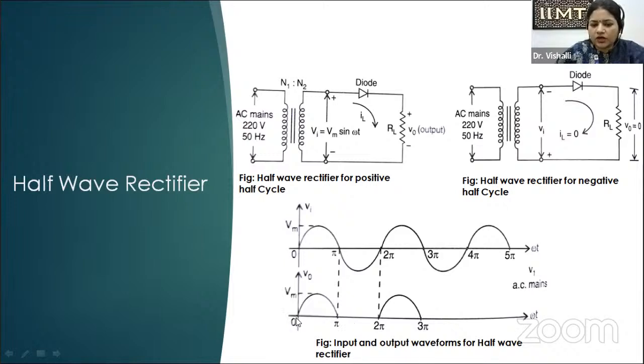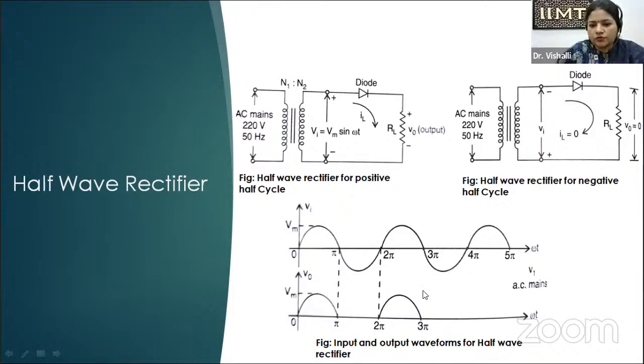So if we talk about one full cycle consisting of one positive and one negative half cycle, we are getting output only in the positive half cycle and not in the negative half cycle. And again the cycle starts from 2 pi to 4 pi. From 2 pi to 3 pi, we are getting the output, but between 3 pi to 4 pi, because this is a negative half cycle, we are not getting any output.